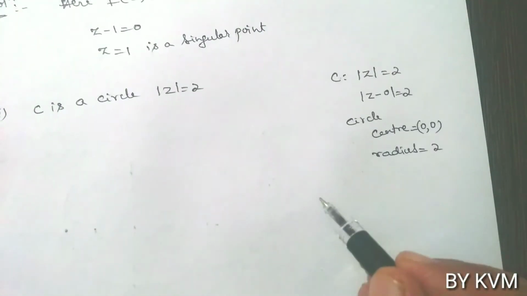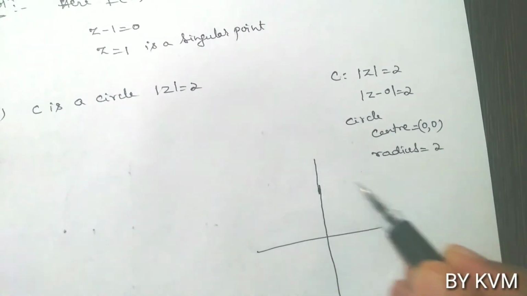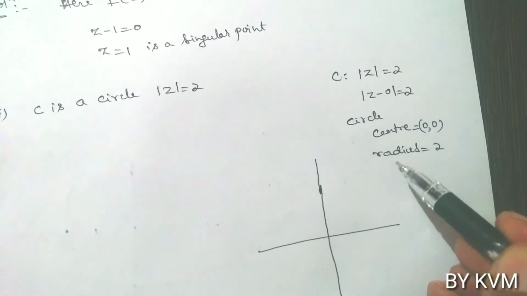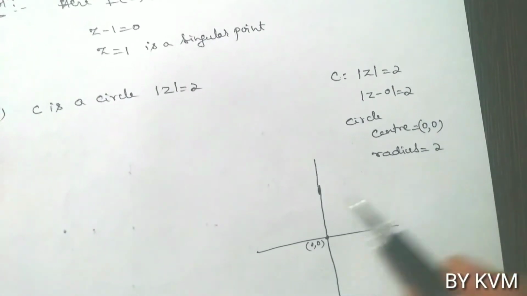Now first we have to draw the figure of this circle. Center is 0 comma 0, that is the origin, and radius is 2.